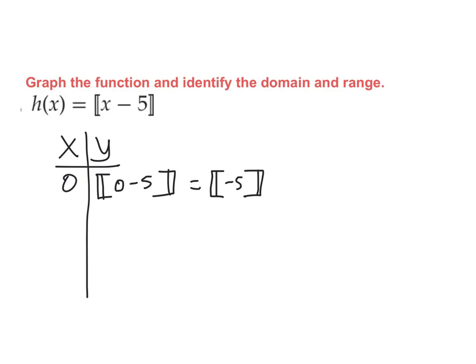So, again, what the greatest integer function does is it turns everything into an integer. It'll never make it into a bigger integer. It'll make it equal to itself or the next smallest one down. Since negative 5 is an integer, it just keeps it the same. The greatest integer function will turn negative 5 into negative 5 without the brackets. Okay?